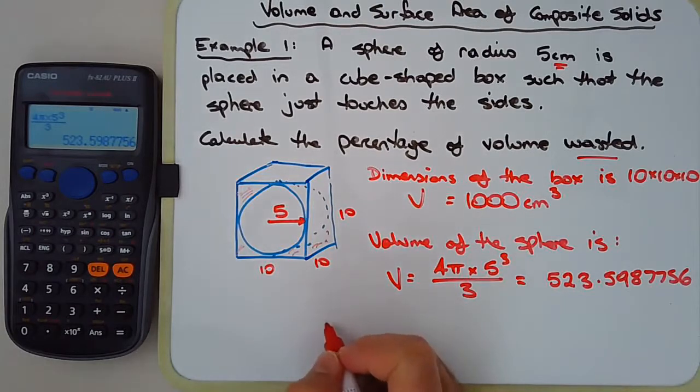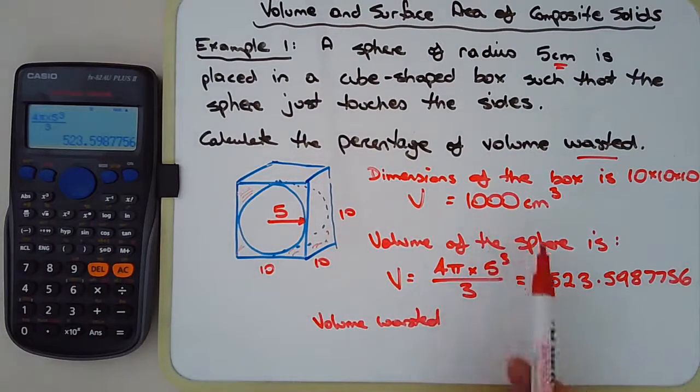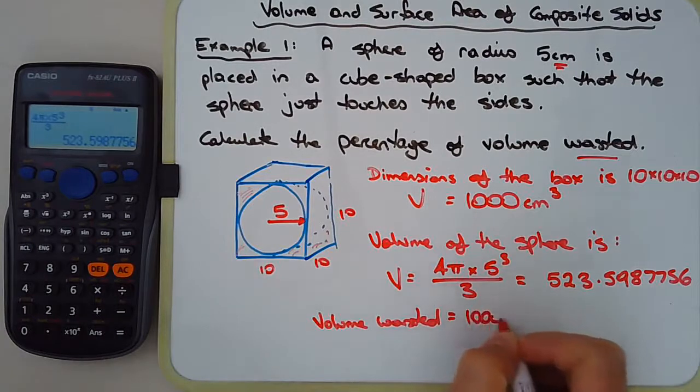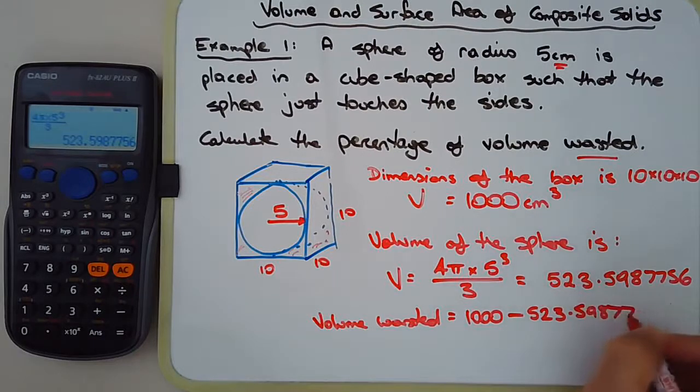So what about the volume wasted? The volume wasted is clearly the volume of the box minus the volume of the sphere or the ball. So that's going to equal 1,000 minus 523.5987756. Show your working out.